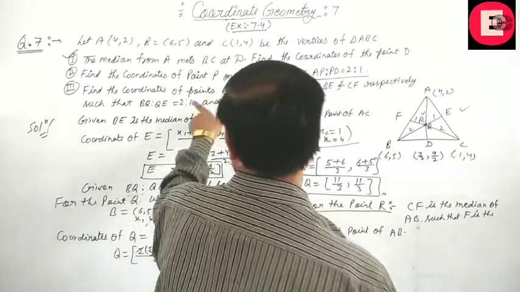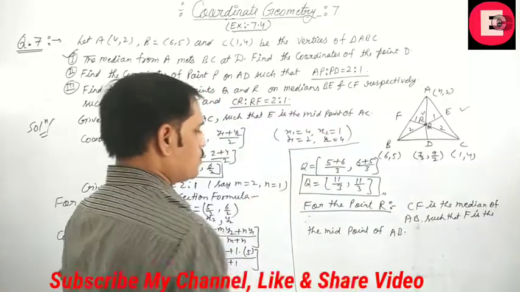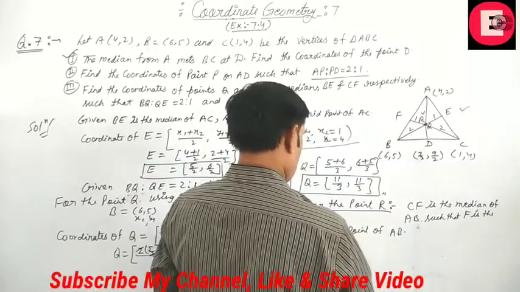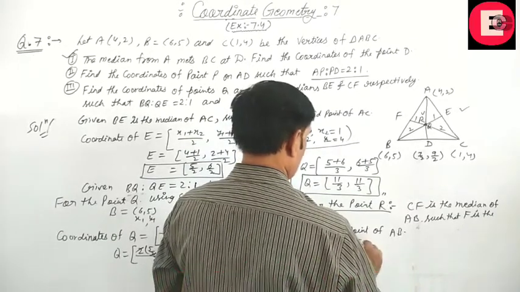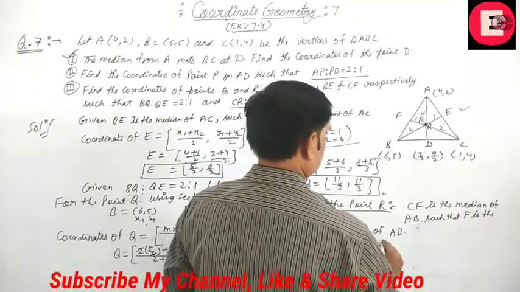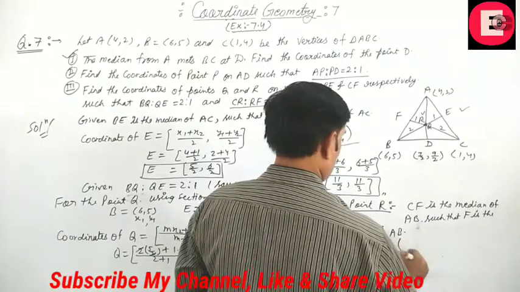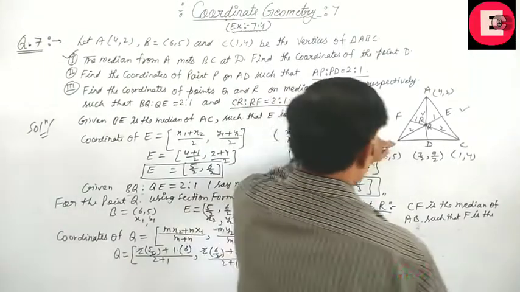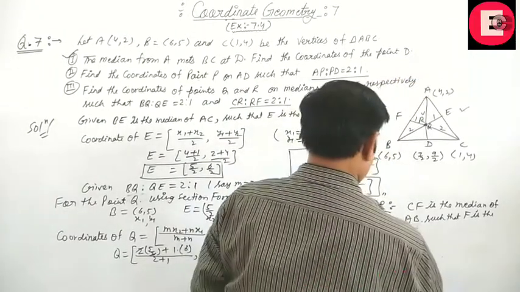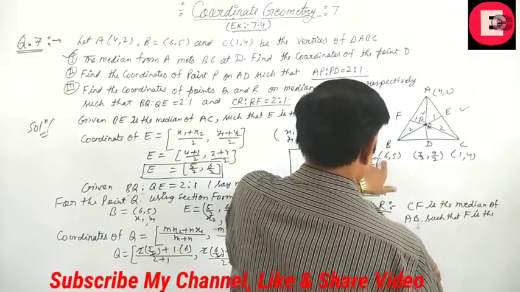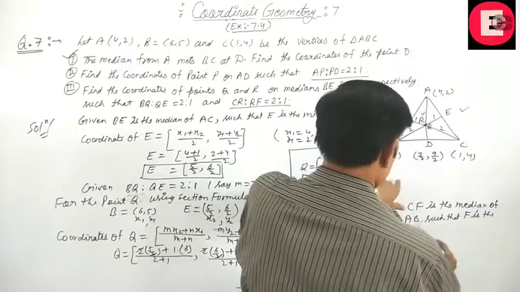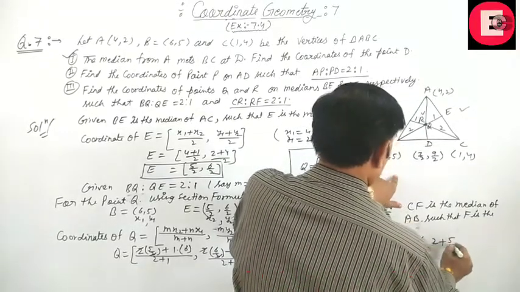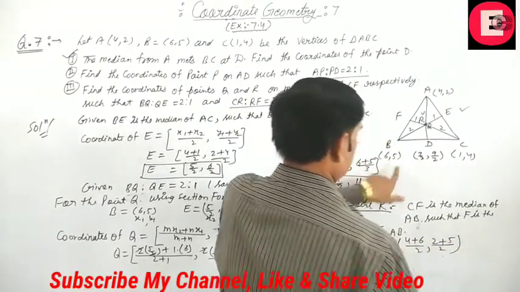It is given. So the coordinate of F is equal to, here x1 is equal to 4 plus 6 upon 2, x2 is 6, y1 is equal to 2 and y2 is equal to 5.